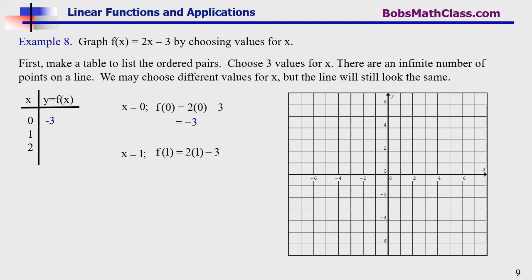So 2 times 1 is 2, and then 2 minus 3 is -1. Let's see, one more value to choose. We're going to choose x equals 2. So plug in a 2 everywhere you see the x. 2 times 2 is 4. 4 minus 3 is 1.